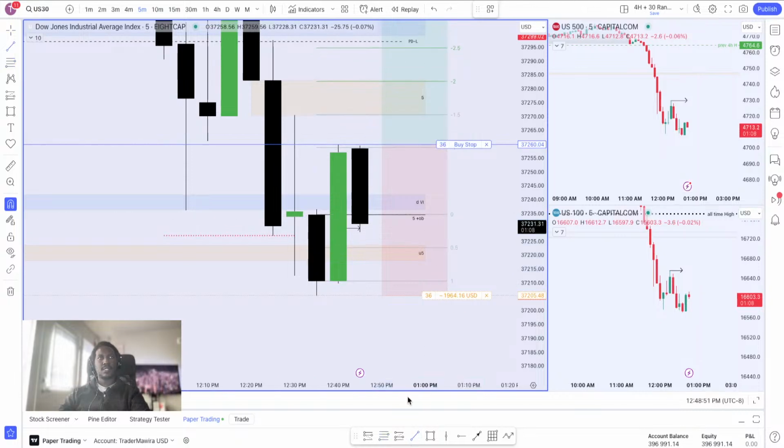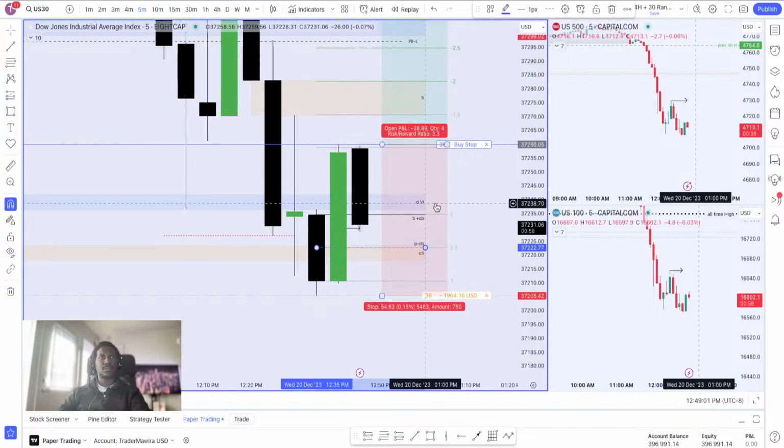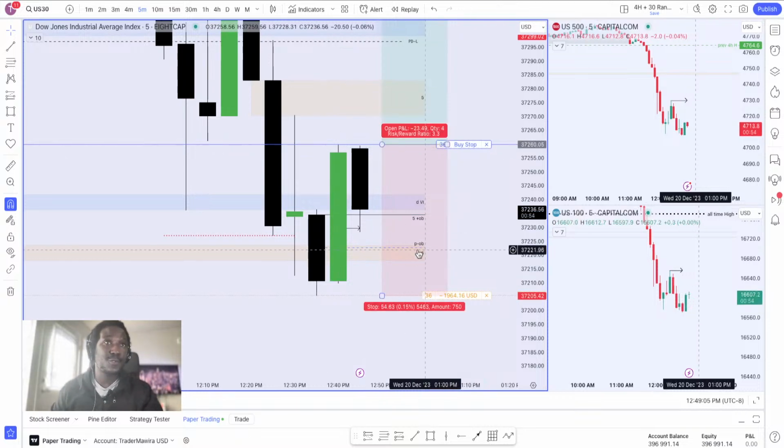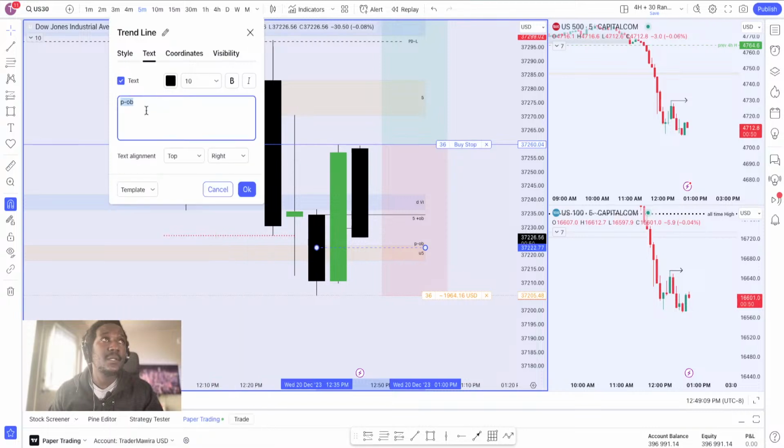Let me just mark it. So the half of it is pretty much at that 5 minute propulsion block. Today I've done a lot of drawings. Now what do I call this? It's a 5 minute bullish order block. Okay. EQ level.